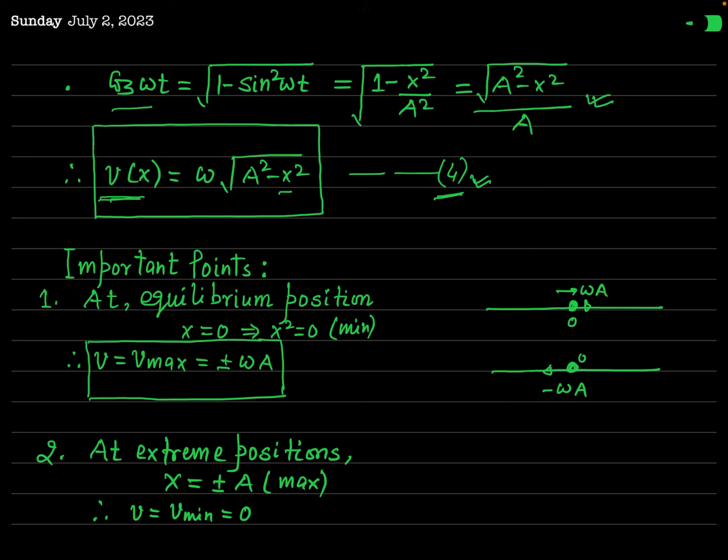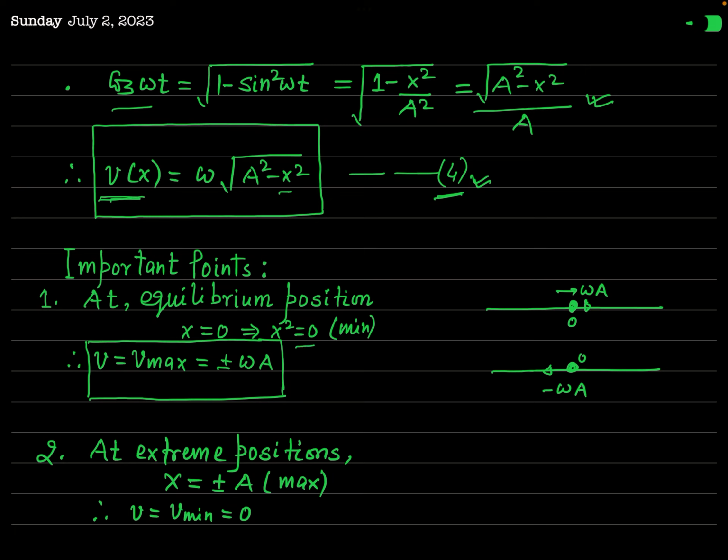So you can say that velocity varies during simple harmonic motion. I have considered here two standard positions where we will find the velocity. The first standard position you can take is the equilibrium position, O. And you know, when the particle is at the equilibrium position, then x is 0. And if x is 0, x square will also be 0.